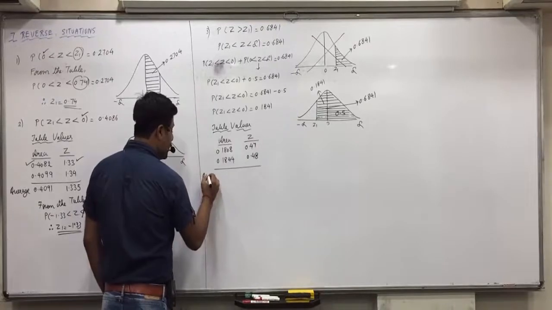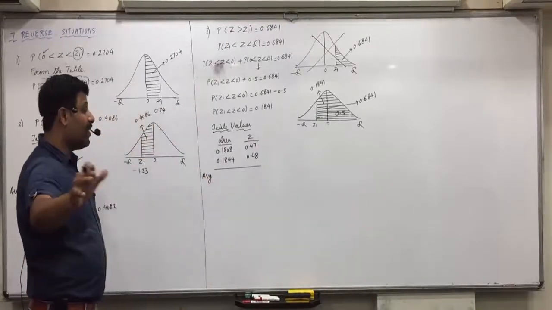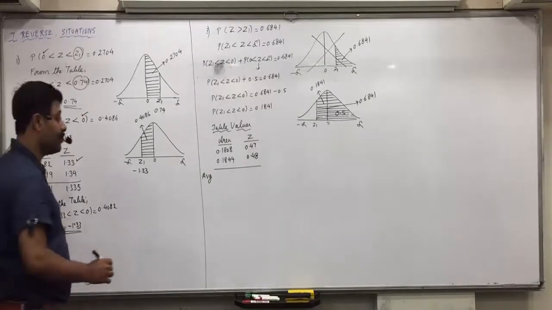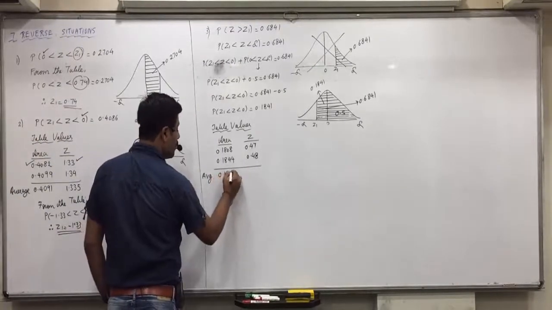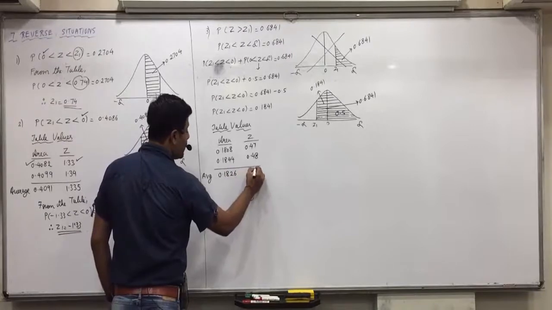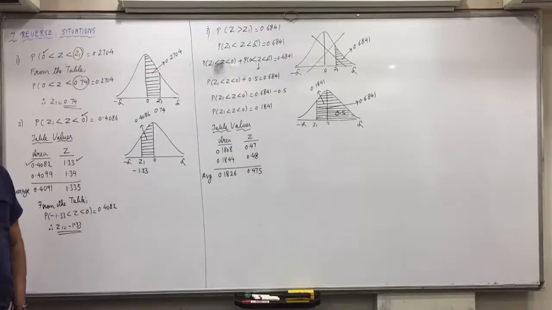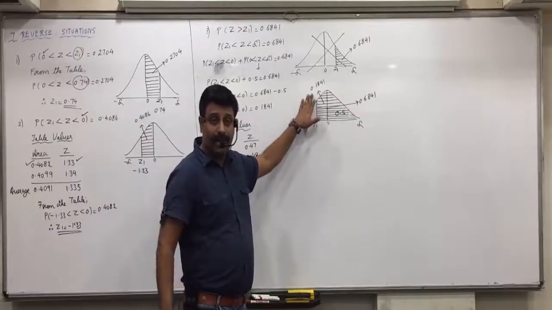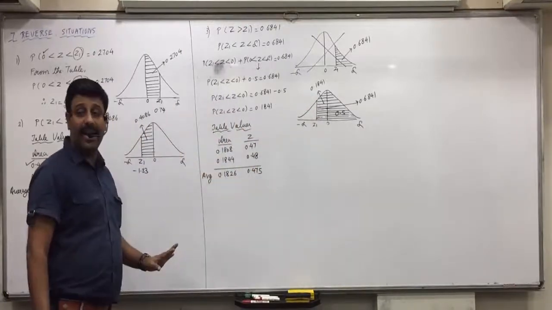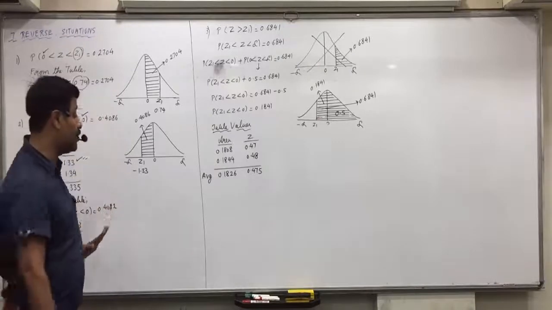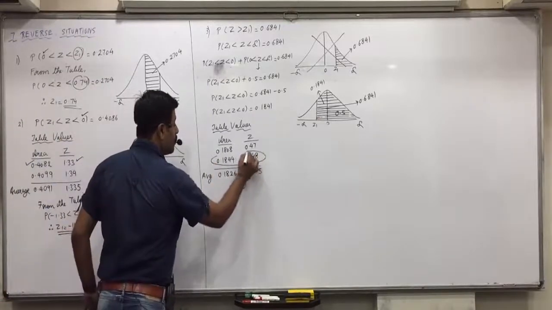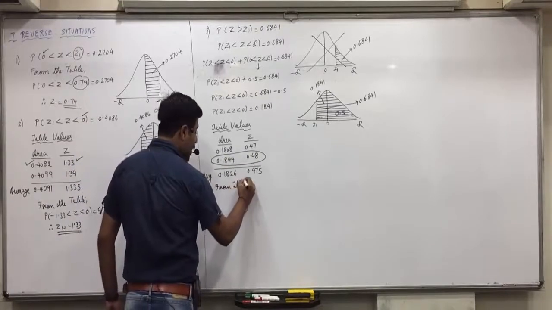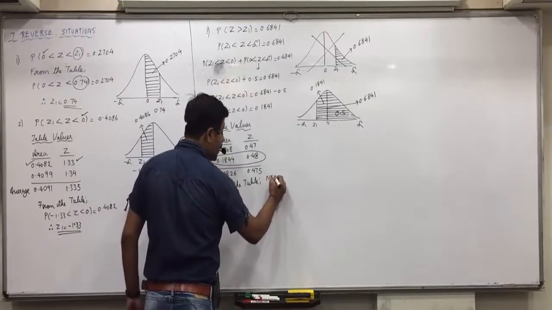Now we require the average. Do 0.1808 plus 0.1844 divided by 2: 0.1826 and 0.475. Now tell me, our requirement is 0.1841, clearly visible. 0.1841 is nearest to which value? 0.1844. So we can say from the table the nearest value is, okay, nearest we have to write.